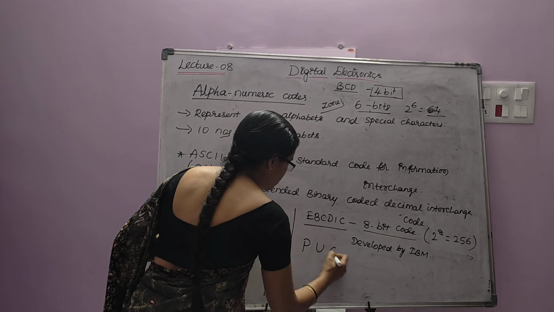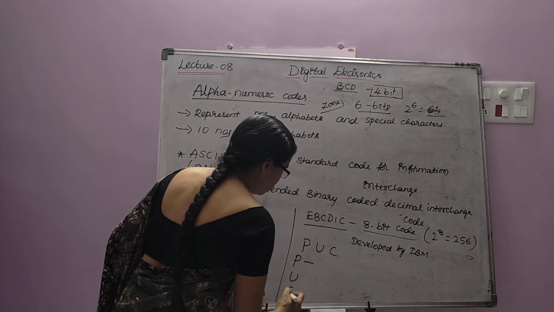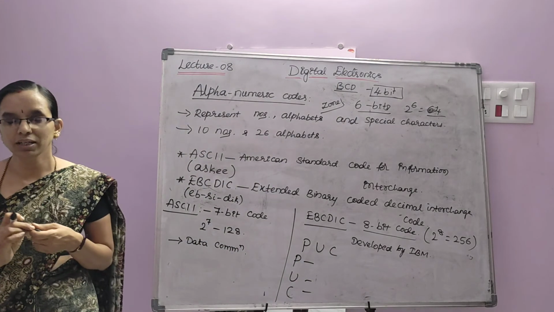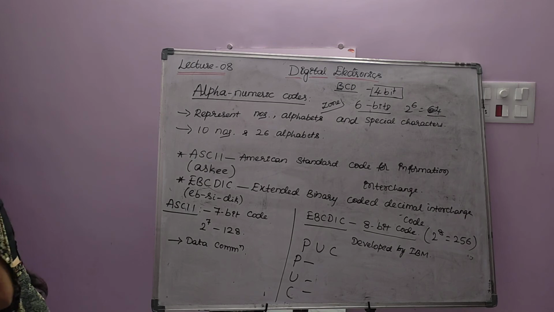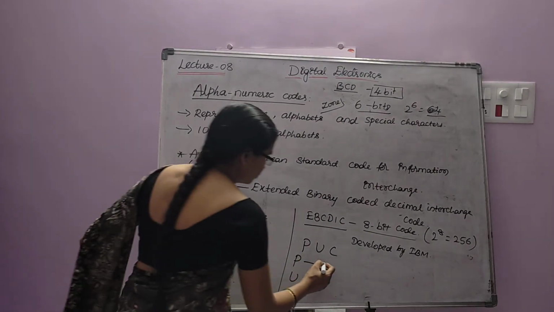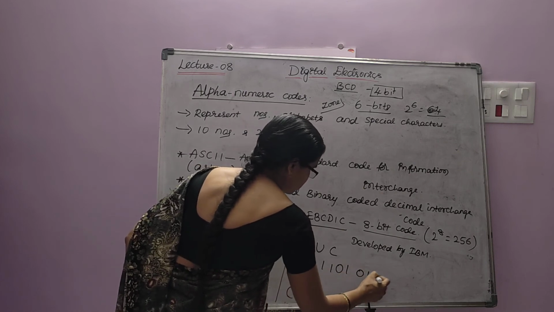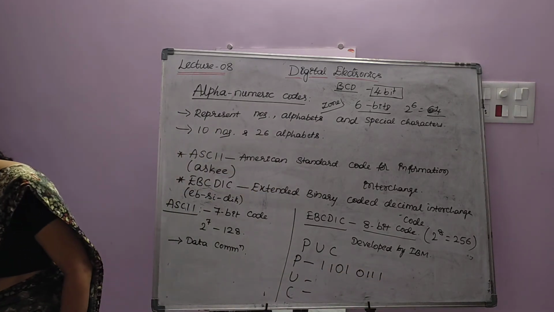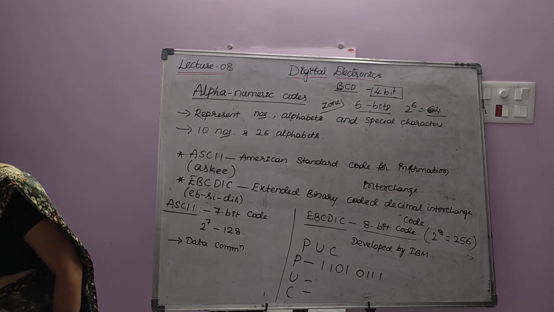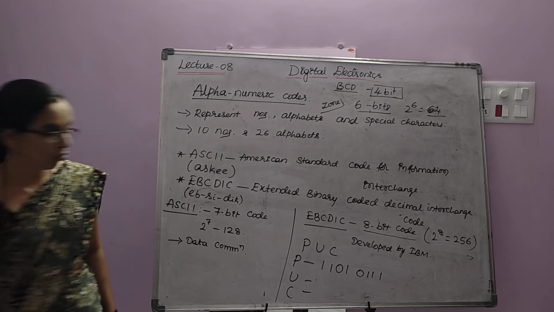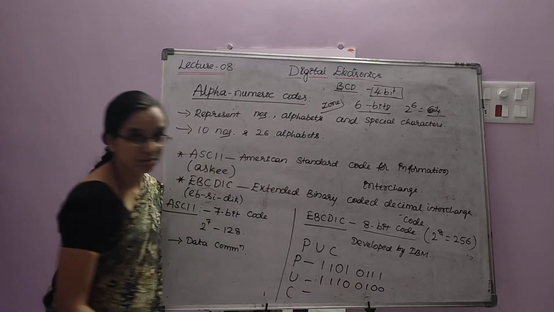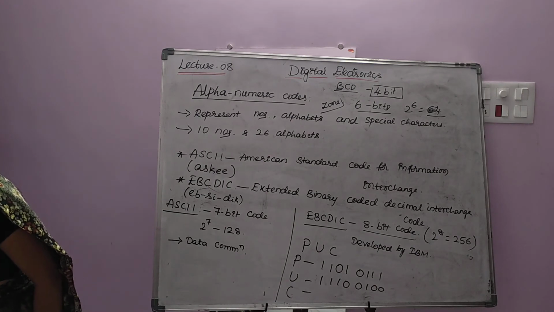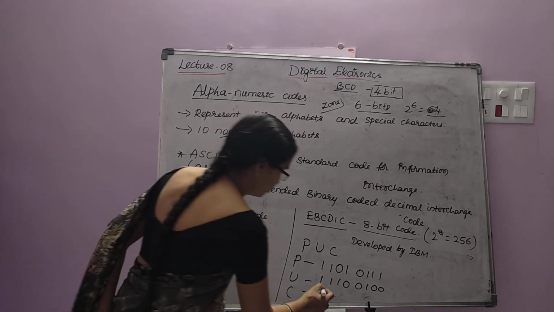Using the table, for capital P it is 11010111, for U it is 11100100, and for C it is 11000011.